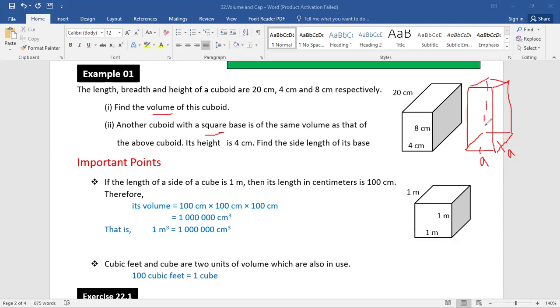The square base cuboid has the same volume as the previous cuboid, and its height is 4 centimeters. Find the side length of its base. This is the base, and the length of the side is A. Please try example number 1 and send me the answer for the first one and for the second one.